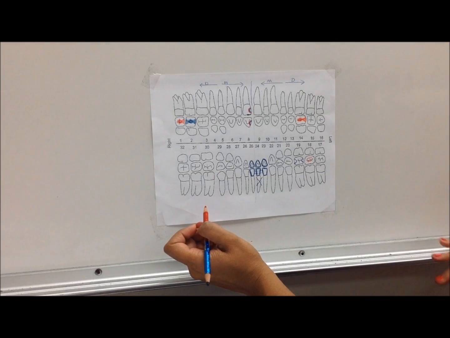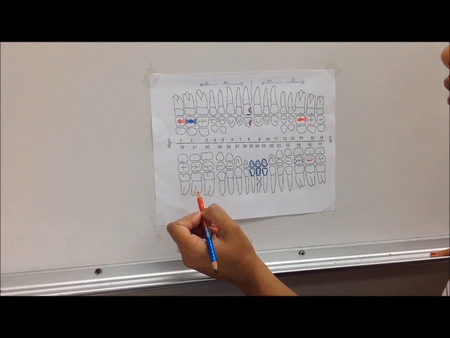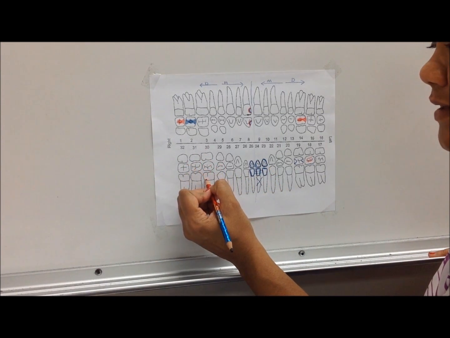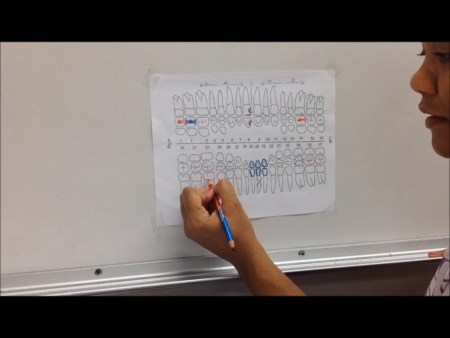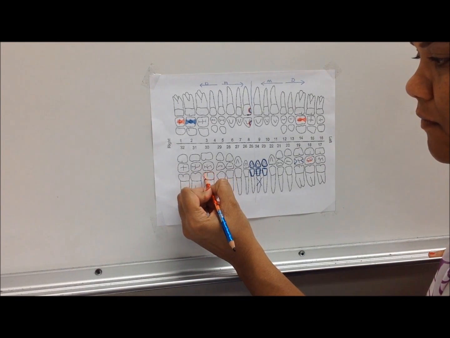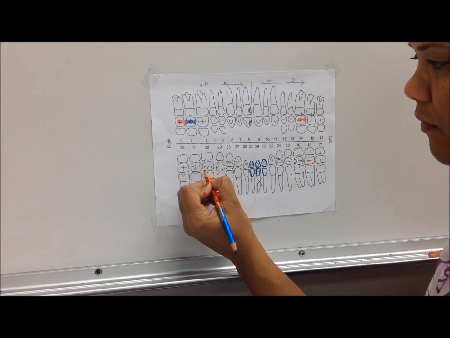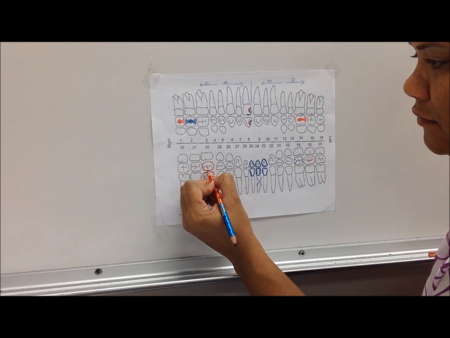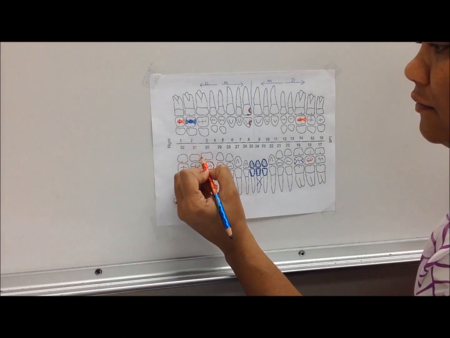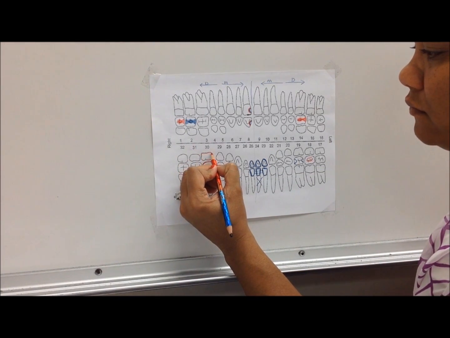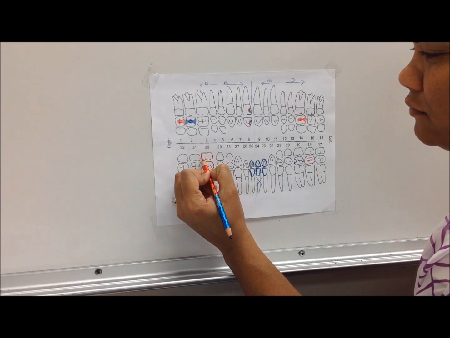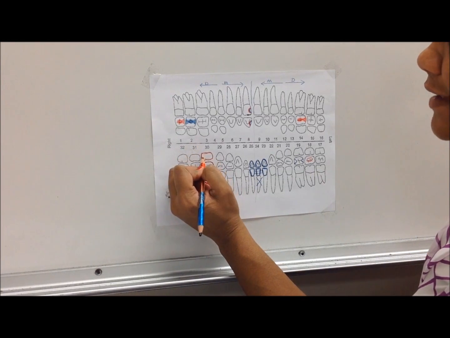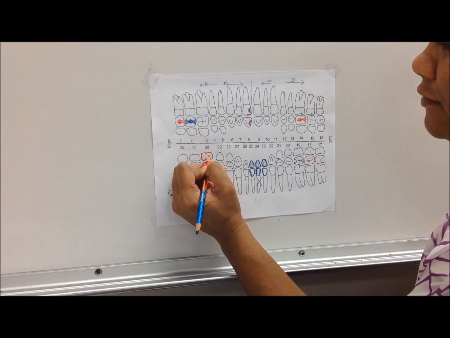Okay, so now we're going to cover how to chart a gold crown. So if number 30 needs a gold crown, all you have to do is outline the tooth just like we did over here. So you're going to use red because that's work to be done. Just outline your tooth on all 3 surfaces. And then you place diagonal lines on each one.